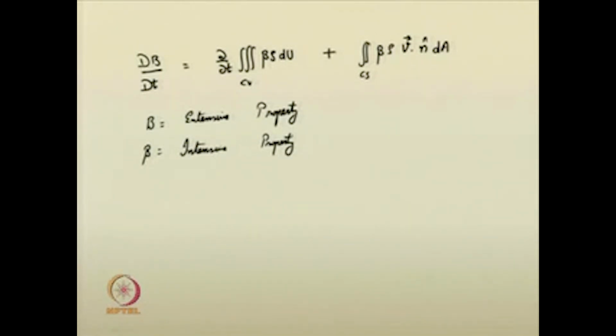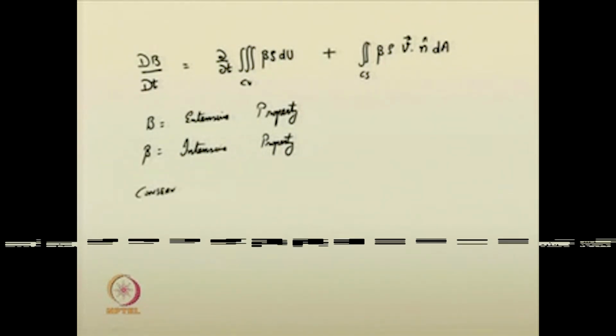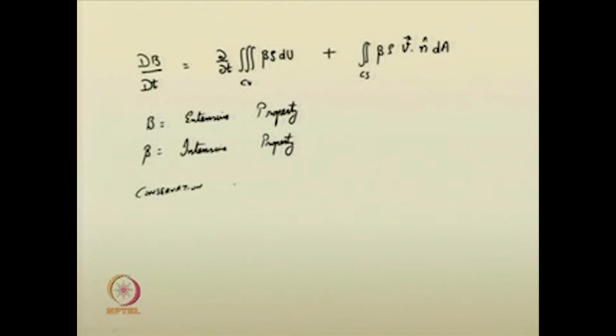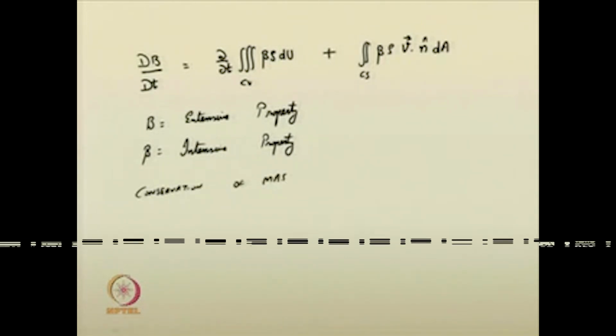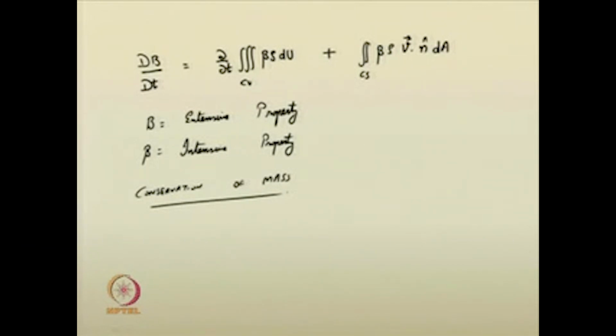Now, what happens if we take conservation of mass? Then the extensive property B becomes the mass of the liquid.